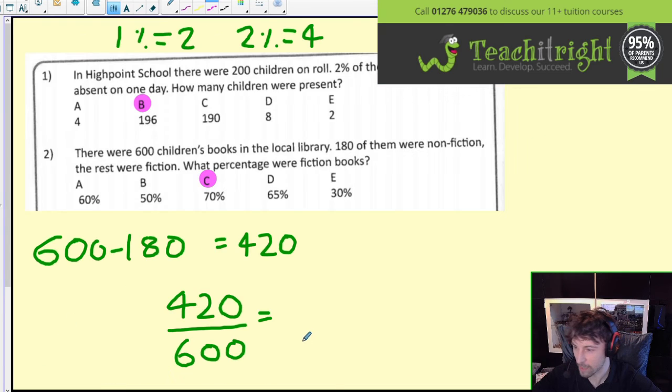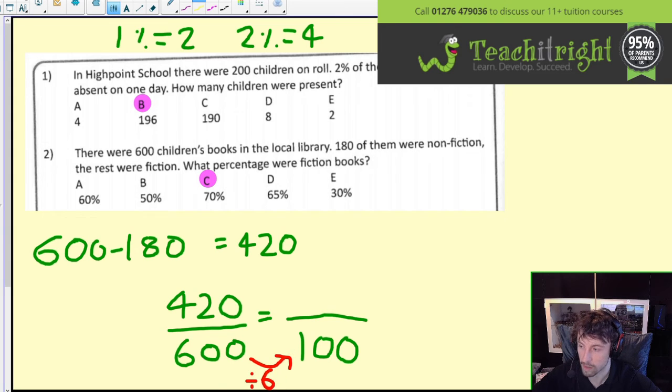So if I can get it out of 100, whatever number's on top is going to be my percentage. So how do I go from 600 to 100? Well, the answer is, of course, to divide by 6. So I do the same here and divide this by 6. I can do 420 divided by 6. Now 42 divided by 6 is 7. So then 420 divided by 6 is going to be 70.